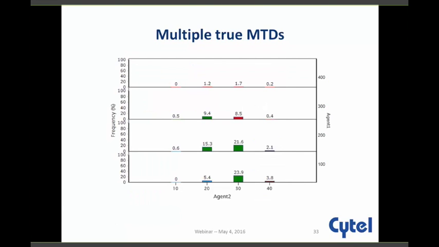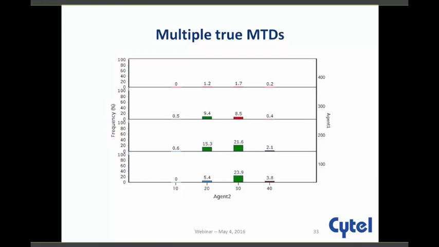The types of displays that you'll be able to see is a display like this. For example, out of the number of simulations that were conducted, you can see here that 23% of the simulations ended up picking this dose combination of 130 with respect to agent 1 and agent 2. 21% ended up picking this combination, 15% this, and 9.4% ended up picking this combination.